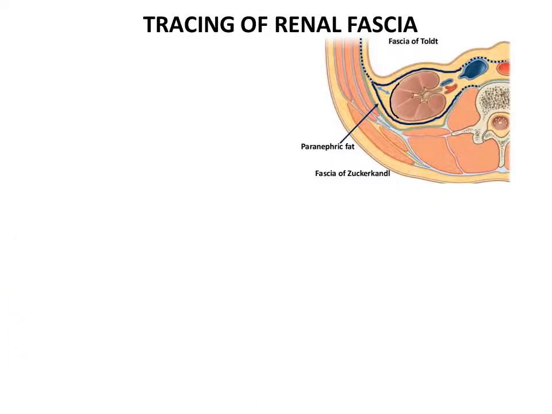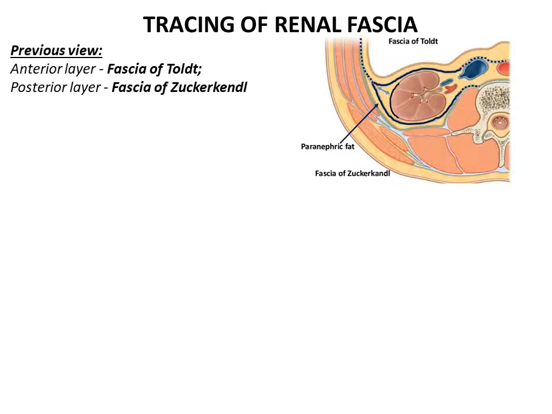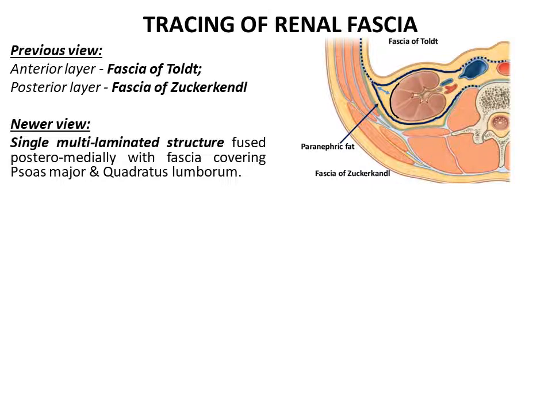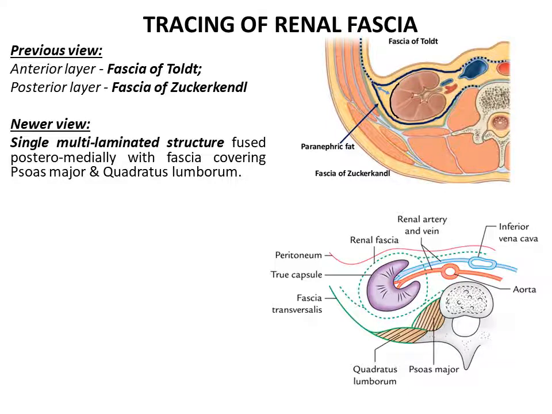The most important layer is the renal fascia or the fascia of Gerota. Previously, it was considered to consist of two layers, an anterior layer called the fascia of Toldt and a posterior layer called the fascia of Zuckerkandl. However, now it is considered as a single multilaminated structure which is fused posteromedially with the fascia covering the psoas major and the quadratus lumborum muscles.